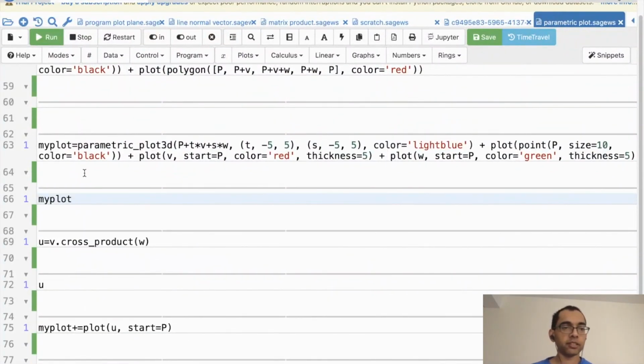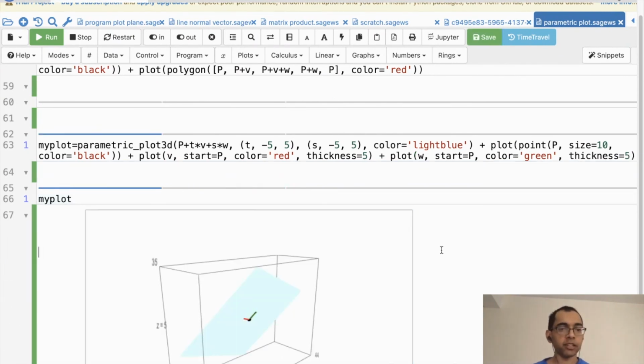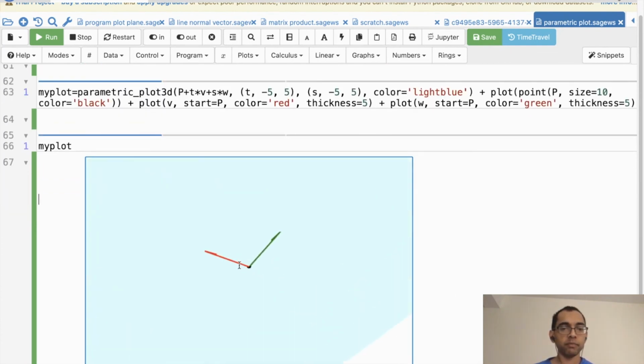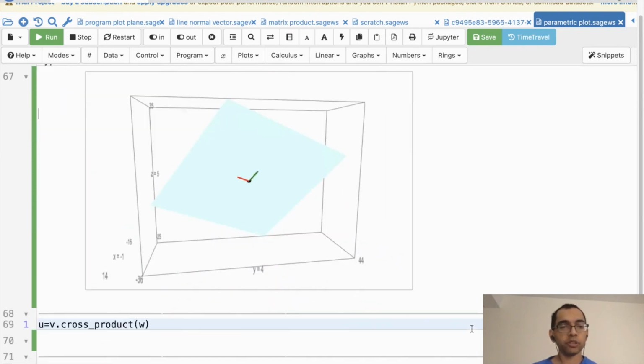So let's hit Shift-Enter and then ask what my plot is. Okay, and that's this thing here. I've colored the plane this time in light blue, and here we have it.